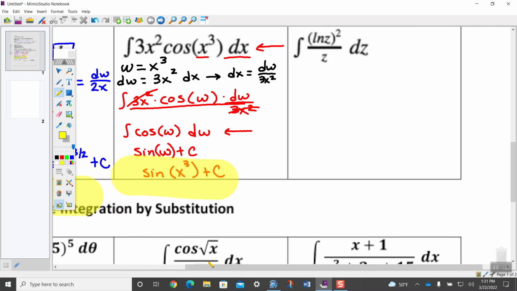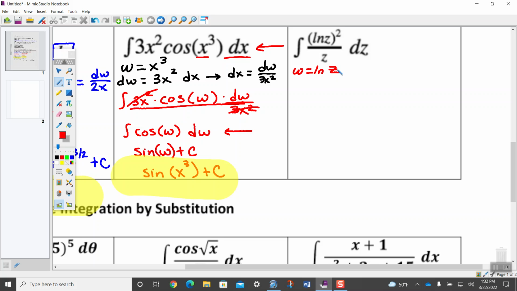In this case it makes sense, because what part's inside of parentheses? Natural log of z. And doesn't this also possess the higher power up top? So you guys talk me through this. What are you going to let w equal here to start? Natural log of z.